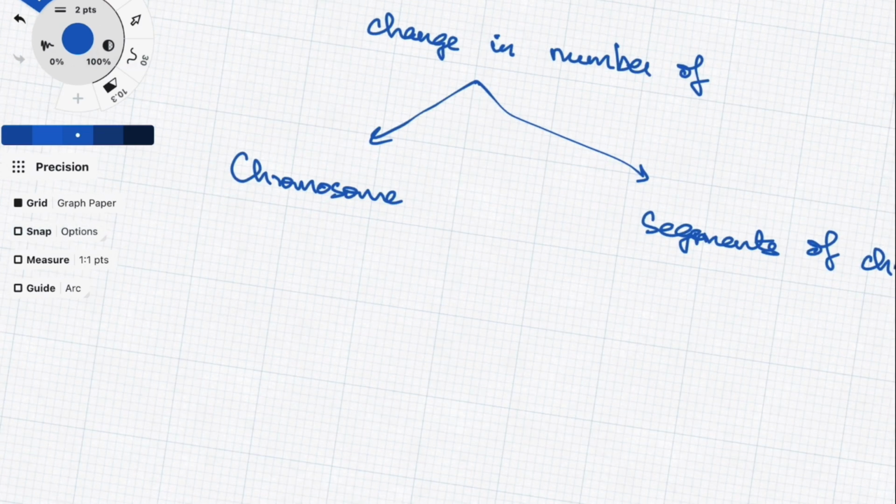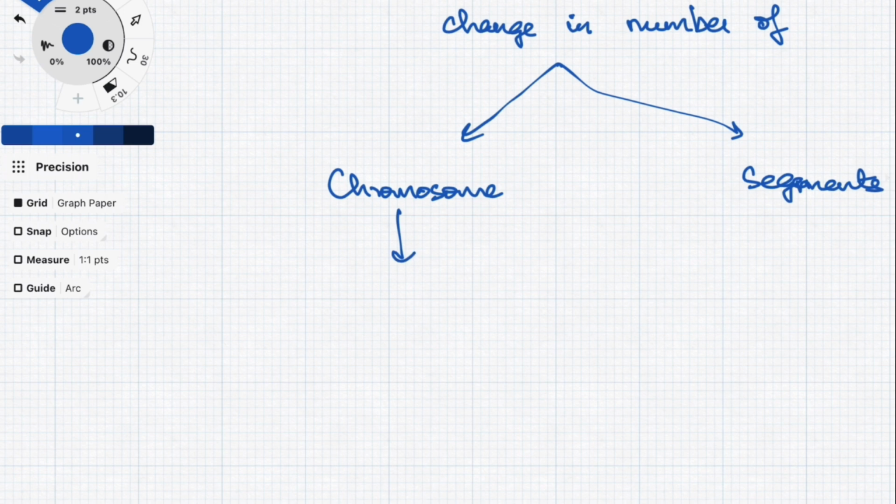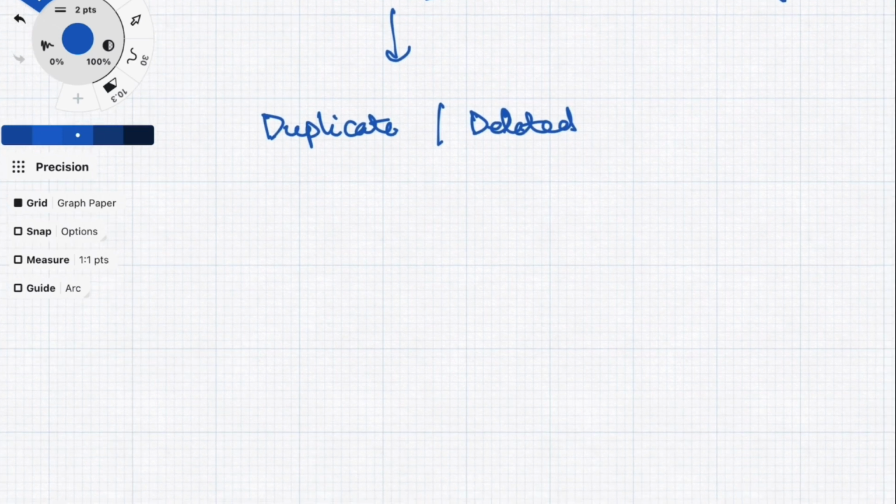So either the entire chromosome can be duplicated or deleted. It can be duplicated, replicated as well, or it can be deleted.